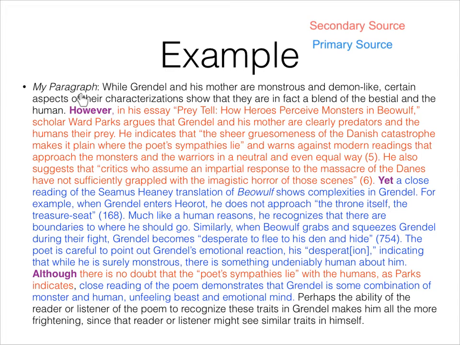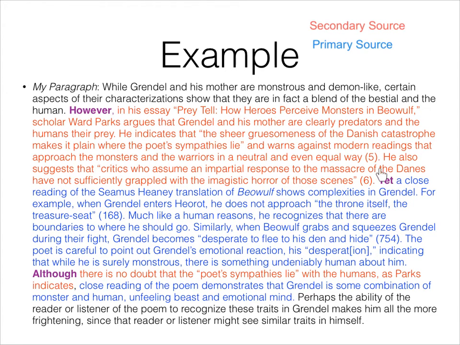Then notice that I have this big transition word here, right? So that's showing the difference between my idea in the primary source and the secondary source's idea. Here's all the red. So in his essay, blah, blah, blah. And then I have this quotation that's actually from the secondary source. It is not from Beowulf at all. It's the secondary source's quote. And then he also suggests blah, blah, blah, continuing on with more from that secondary source.